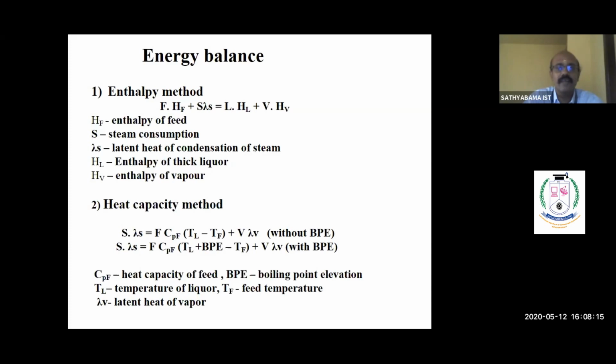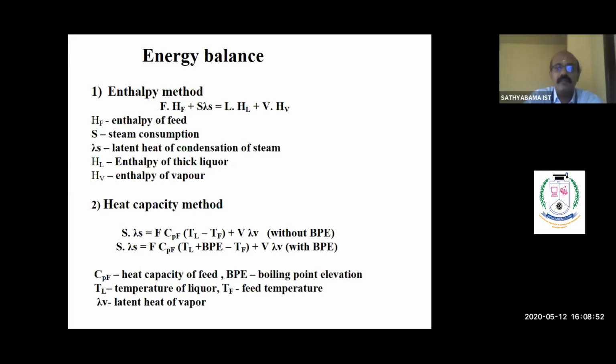Then S is an unknown parameter. Lambda is 2300 to 2400 kilojoule by kg, and L we have got from the previous balance, and HL can be determined by means of the liquid temperature, and V we have got from the previous balance, and HV can also be obtained from the temperature of the vapor. So by substituting all these parameters, it is possible for us to determine the steam consumption by the enthalpy method. Once we determine the steam consumption, the area can be calculated in the next step.